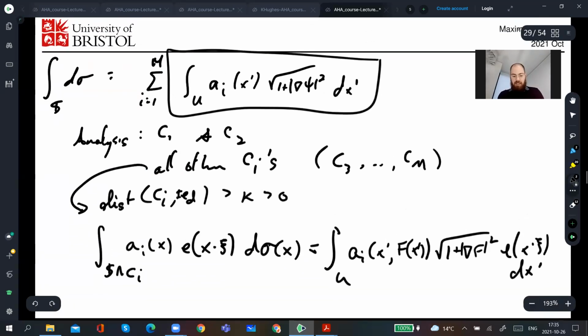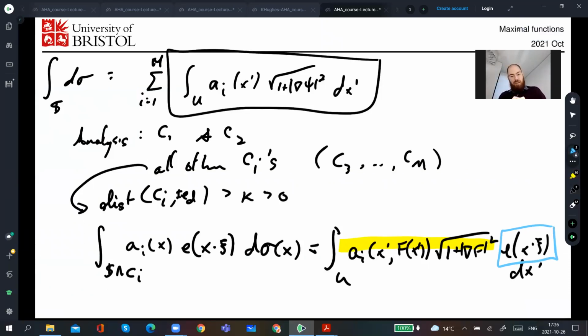And the point is that this function here is smooth, because I've chosen a smooth partition of unity. And this function is smooth enough so that when it's multiplied by a smoother thing, it's fine. It's compactly supported. And this exponential, well, its phase is always bounded away.